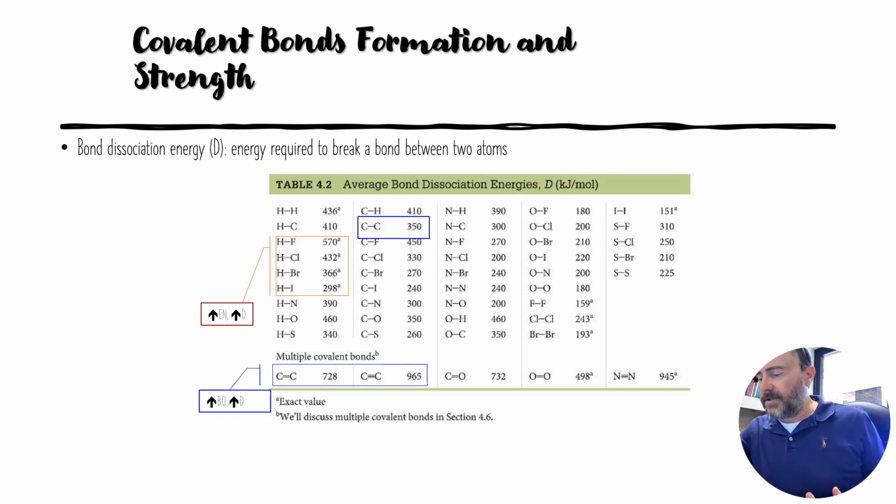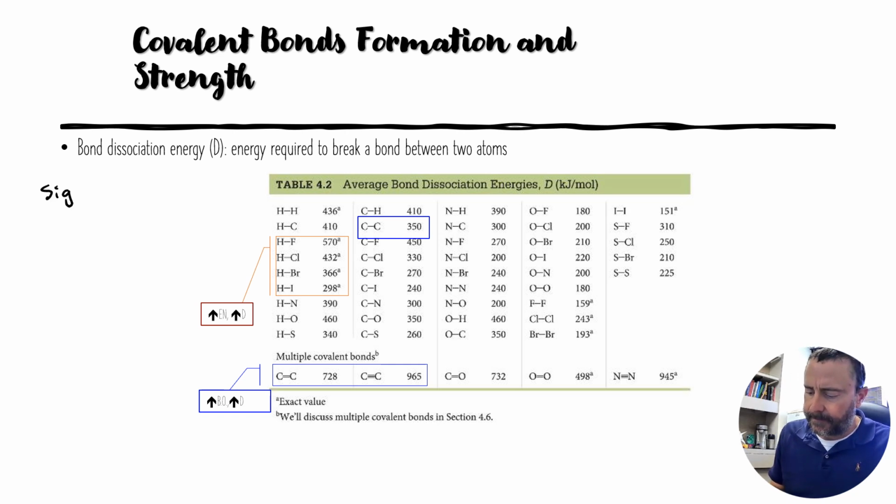All right, now when it comes to the strengths of our covalent bonds, if we remember back to the end of our enthalpy chapter, we had that bond dissociation energy. That is basically what these are here in a table form. But I want to just point out a few things. I've got some in blue boxes there, and I've got some in an orangey red box as well. Number one, in the blue boxes, I just want to point out that single bonds are weaker than double, which are weaker still than triple bonds.